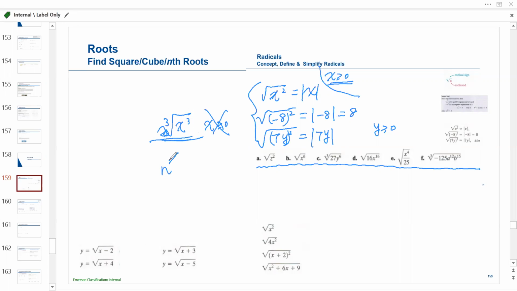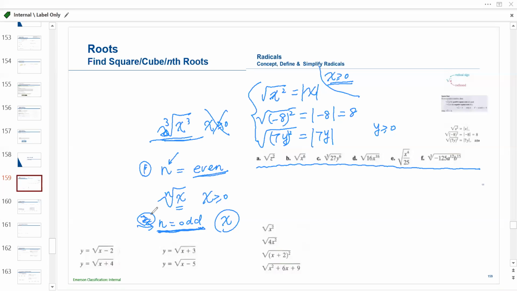If n is an even number, you have to make sure the inside x is greater than or equal to 0. When n is an odd natural number, they don't require x to be greater than or equal to 0, so x can be any number. Okay, so let's just keep in mind even numbers or odd numbers.